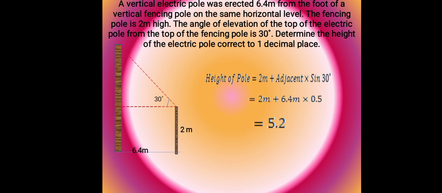Now, the height of the electric pole, remember, vertically from the fencing pole, which is 2 meters high. So the lower part we have found is 2 meters high. Now we have to find the other part, from which we have the angle of elevation, 30 degrees from the top of the fencing pole.